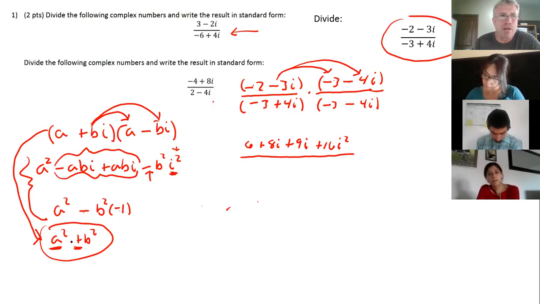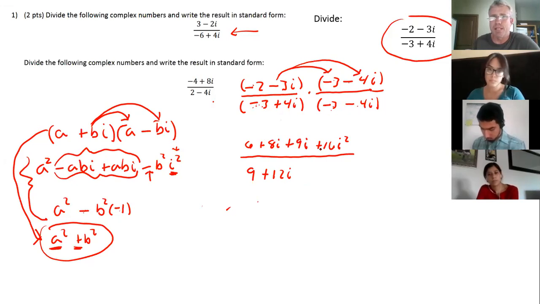And even though I know I could shortcut this, I'm just going to multiply it out. -3 times -3 is going to give me positive 9. -3 times -4i, I get negative times negative is positive. 3 times 4 is 12, and it has an i in it. -3 times -4i is plus 12i. And then here I move on to the plus 4.